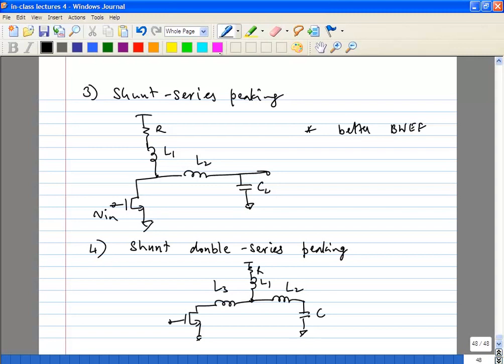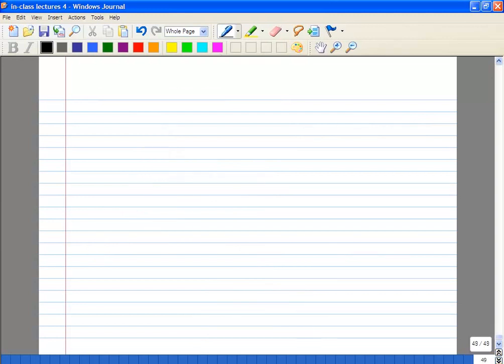So you can have something like this. Now, if you look at this circuit, you can actually replace L1, L2, L3 by a pair of magnetically coupled inductors. If you look at the equivalent circuit, it will turn out to be the same.